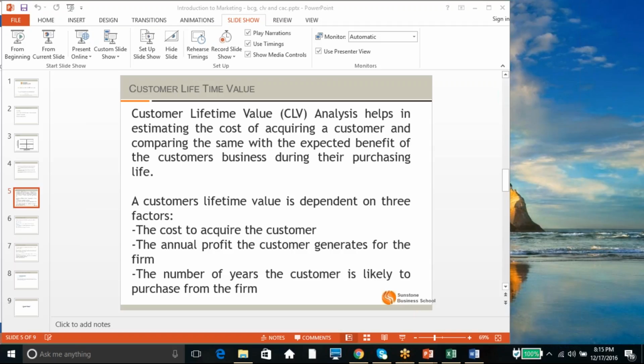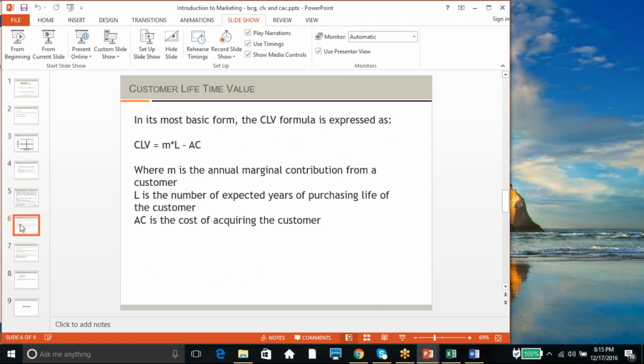And then the number of years the customer is likely to purchase. So the CLV is annual contribution from a customer into number of expected years of purchasing life minus the acquisition cost.